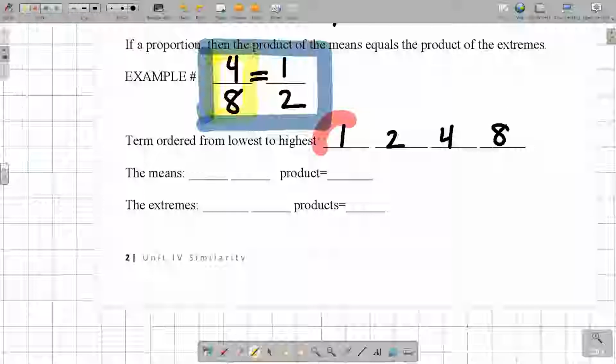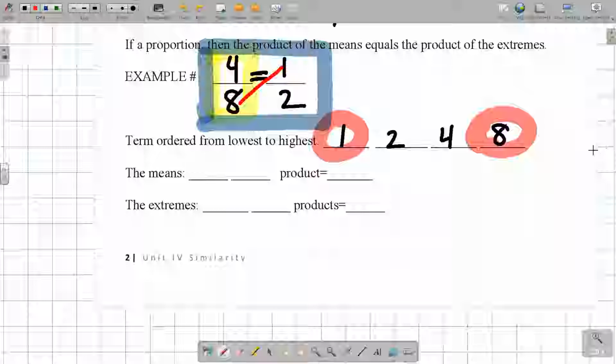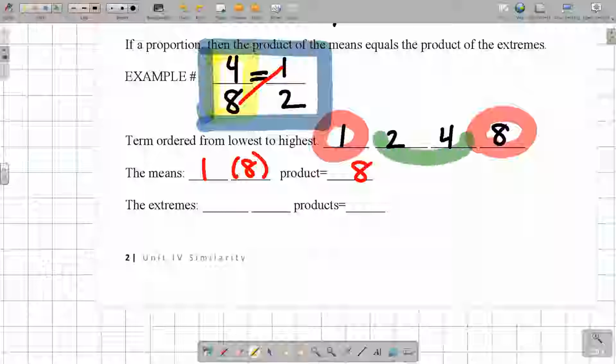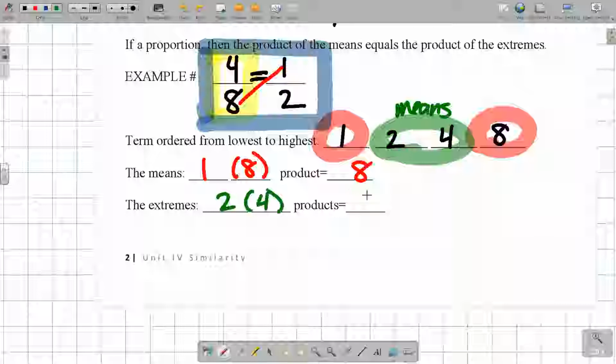The 2 numbers at the beginning are called the extremes. I'd like you to connect them. Those are the extremes. Let's go ahead and multiply. These ones in the middle are called the means. The extremes and the means. Let's multiply those.